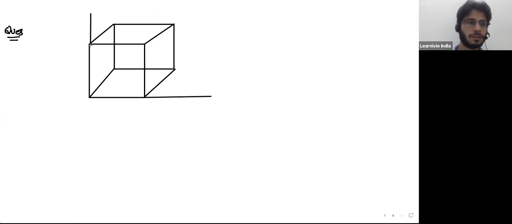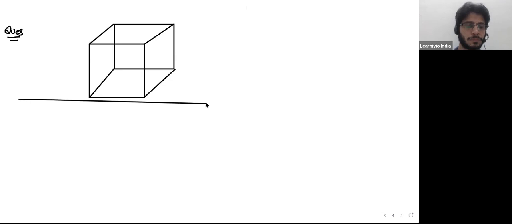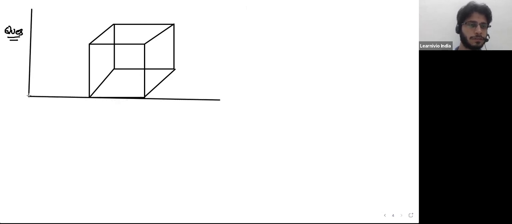This is x-axis and this is y-axis. Okay, no, these are not x and y-axis. This is x-axis and this is y-axis.